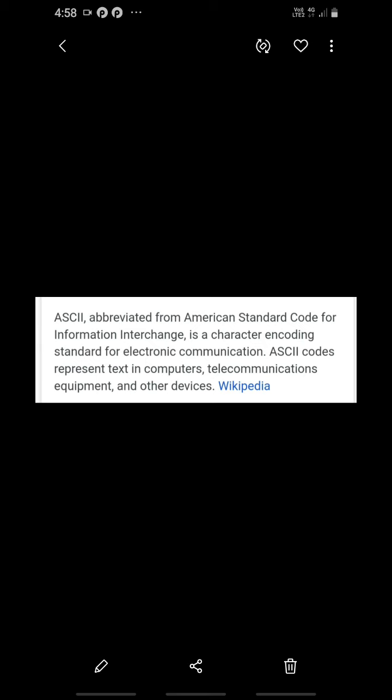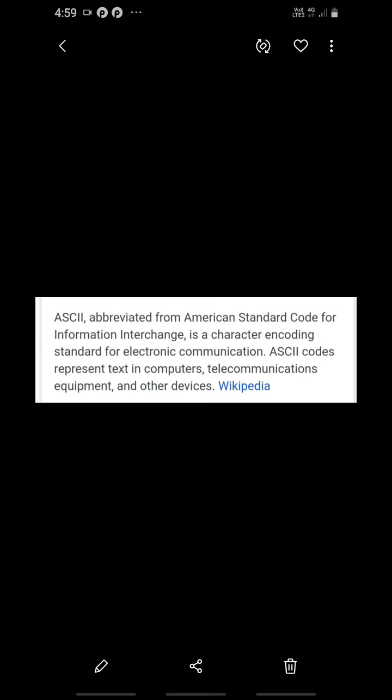ASCII code is widely used for the transmission of decimal digits, letters of the alphabet, a number of special characters and instructions to a teletype writer.